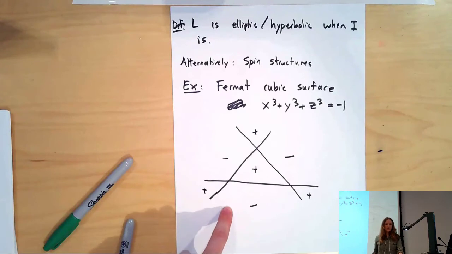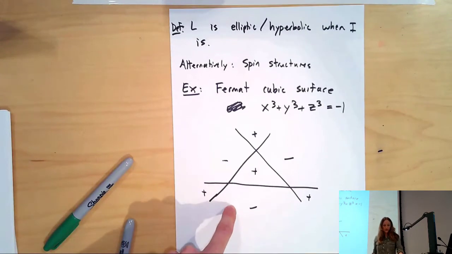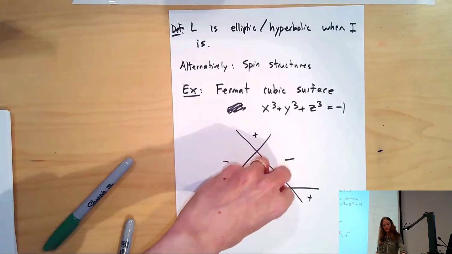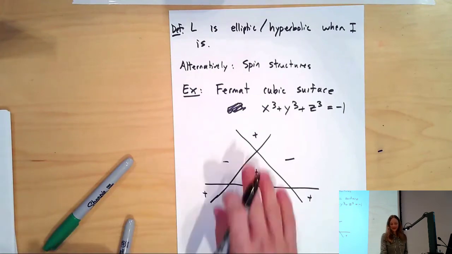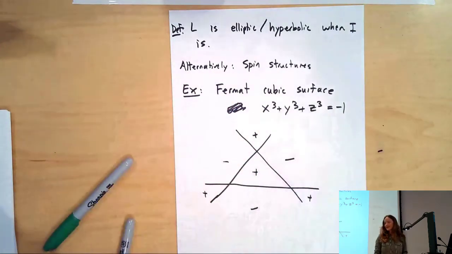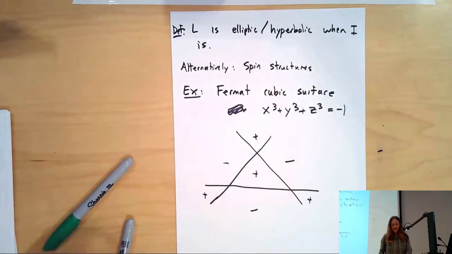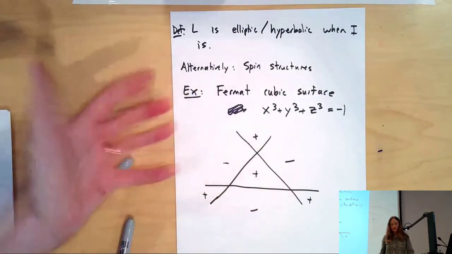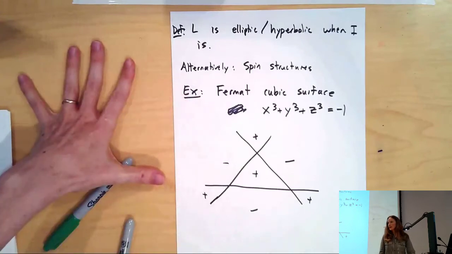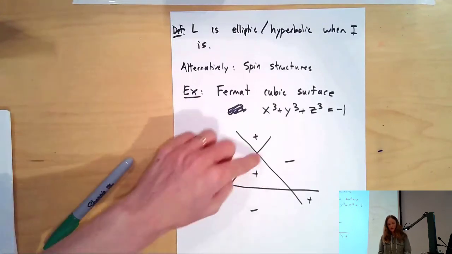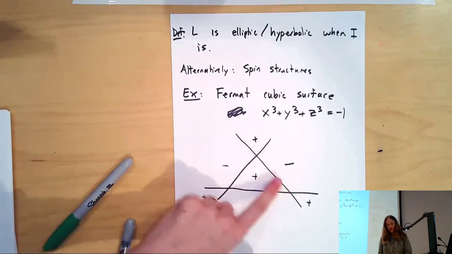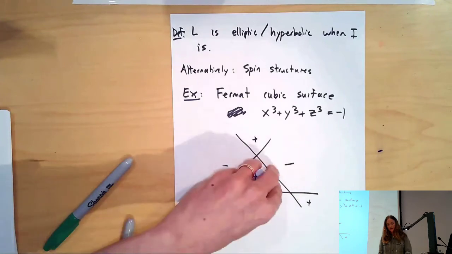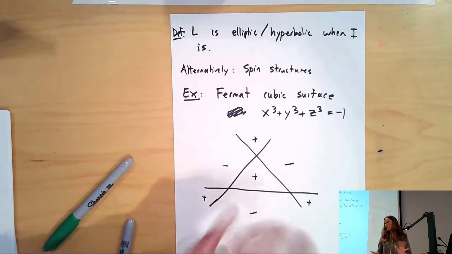So this picture is a drawing of the real points of the Fermat cubic surface. So bubble up and bubble down. Is it clear what's being drawn? It's like we have to draw a surface in the room, and we have a plane, which is the table, and then the 3 dark lines are in the Fermat cubic surface, and the part of the cubic surface that's in this triangle here lies above the table, and the parts where you have a minus are below the table.